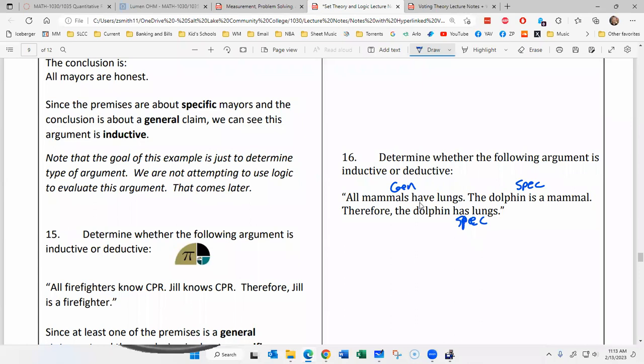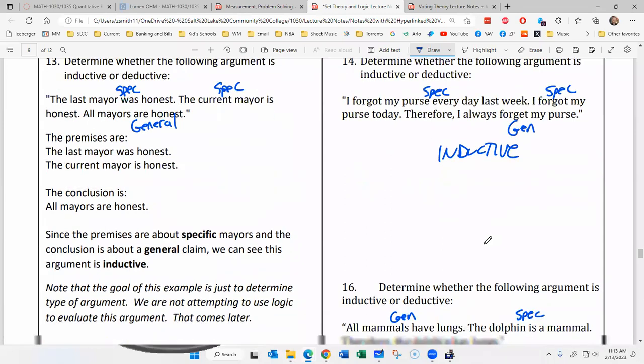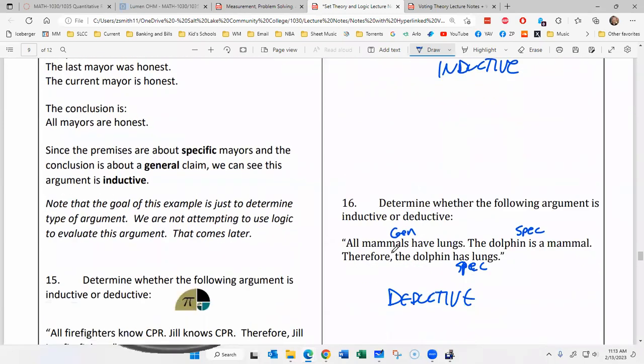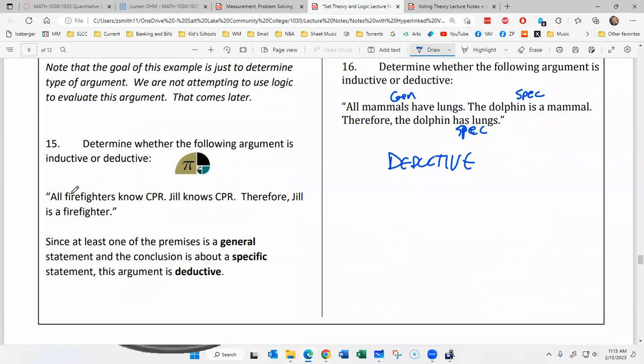But wherever the general is, if the general is in the premises, then it's deductive. If the general is in the conclusion, then it's inductive. Really the way to tell is to track the general statement. Like here, all firefighters know CPR, general. That's in the premise, so it's deductive. All the rest is specific.